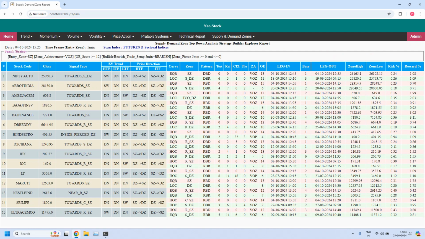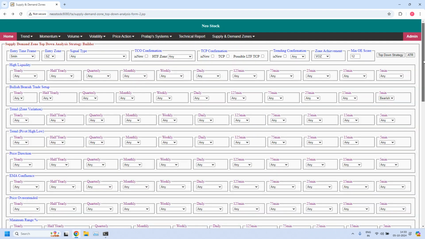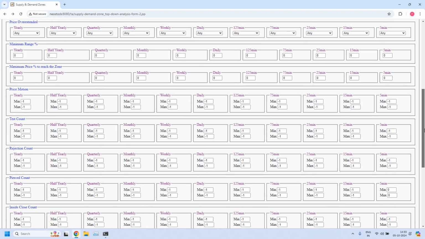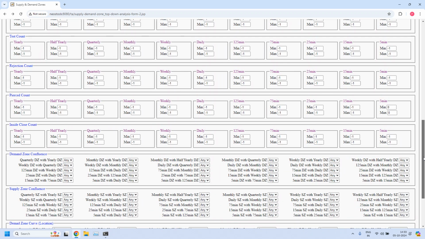Let's verify. We got 15 stocks filtered. All these 15 stocks currently support the bearish trade setup for hourly income trade. Now let's verify how many of these supply zones are having ITF confluence. So let's look for 5 minute supply zone with 15 minute supply zone confluence.